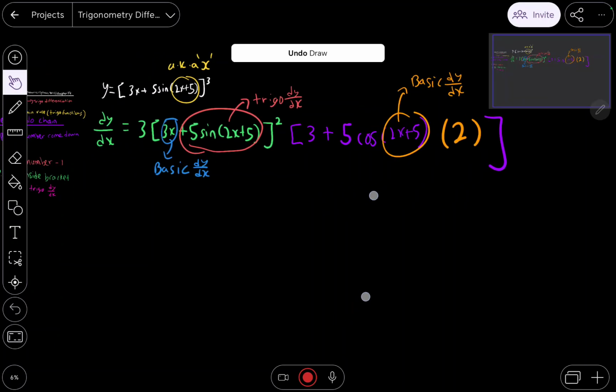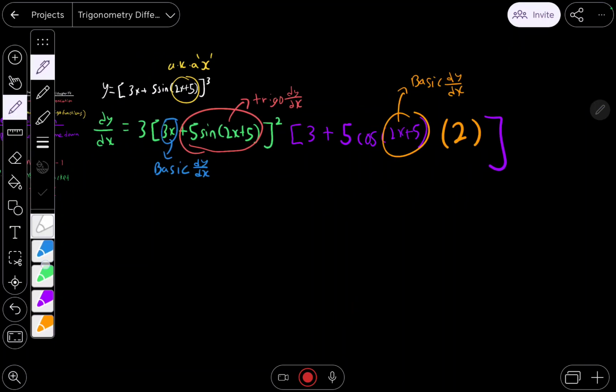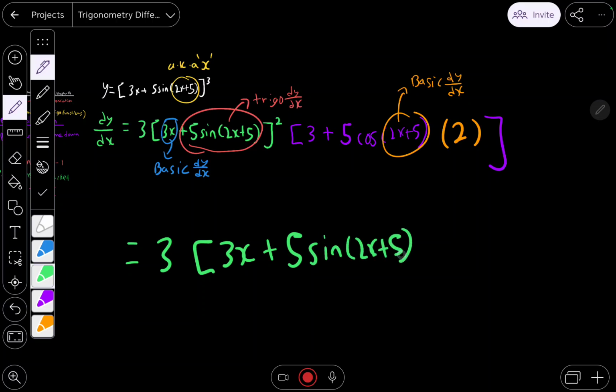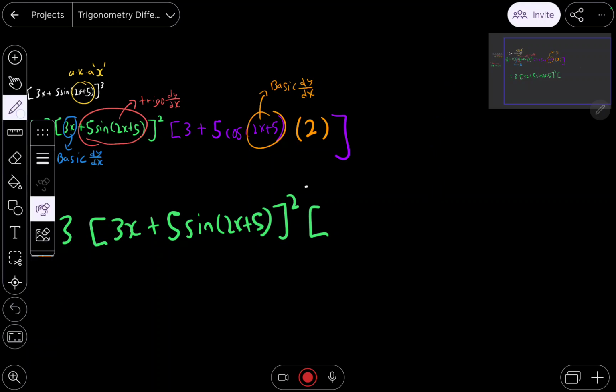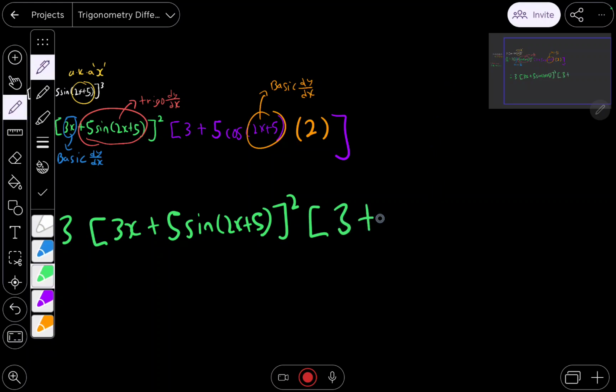So this will be equal to, let's just copy down 3, the whole thing bracket, 3x plus 5, sine bracket 2x plus 5, whole thing squared, and then I open the bracket, then I write 3 plus 10 cosine.